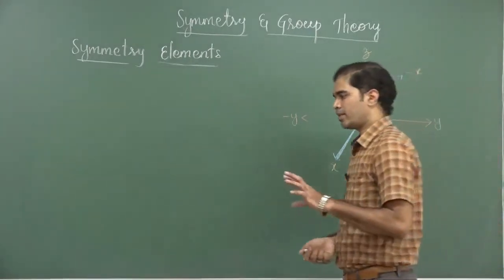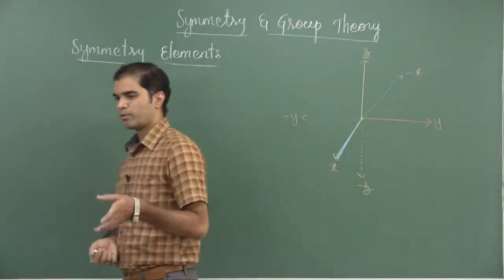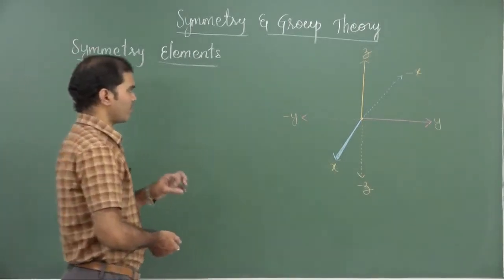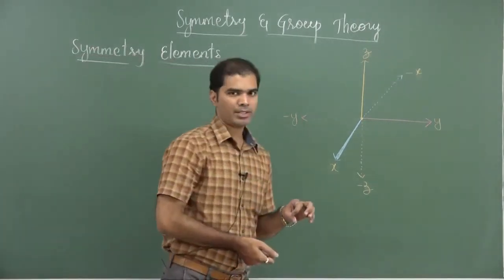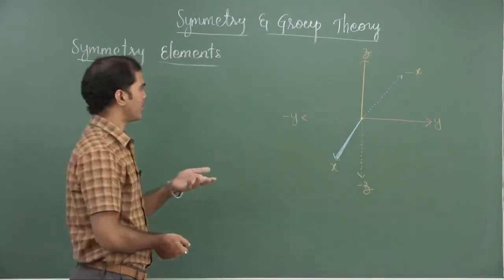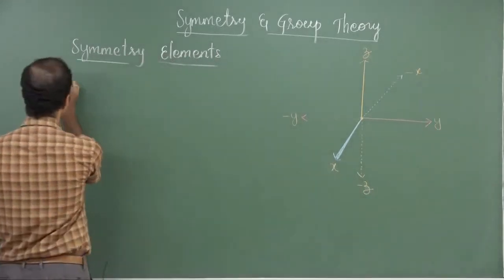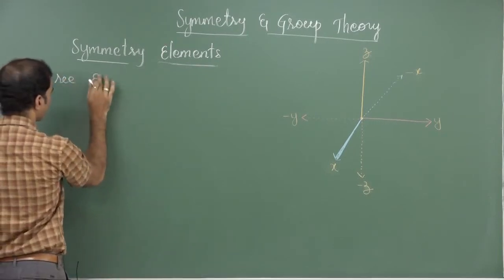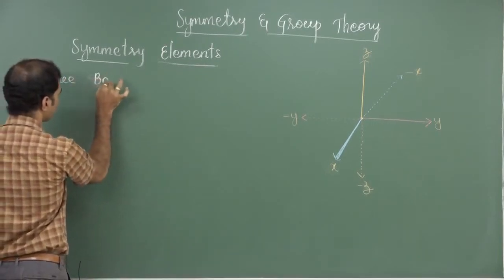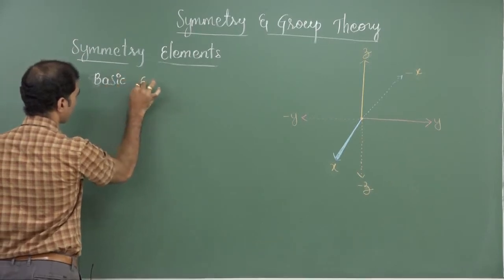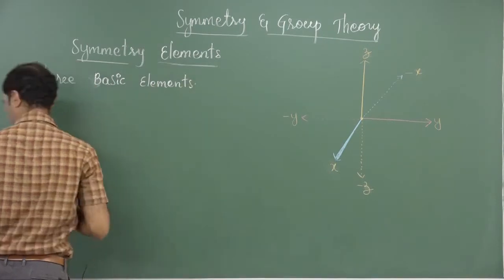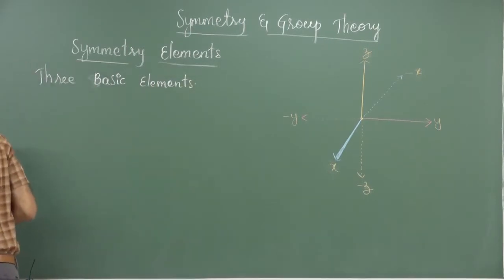A general convention is, some say 4 symmetry elements, some say 5 symmetry elements, but the basic number of symmetry elements that are present to define the symmetry of any given molecule, these are 3 basic symmetry elements. And what are these 3 basic symmetry elements?